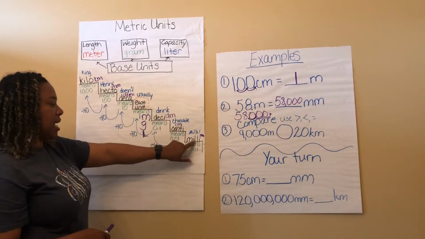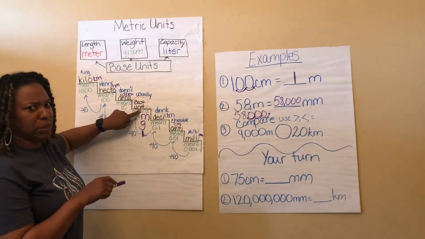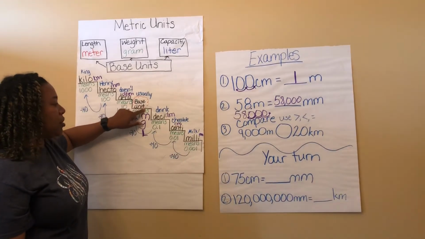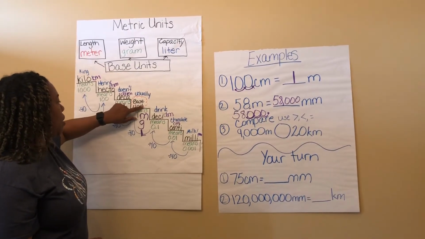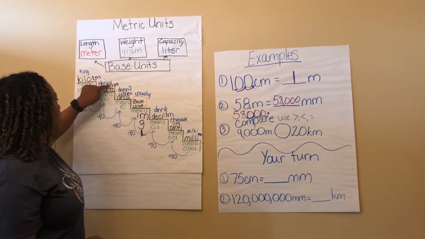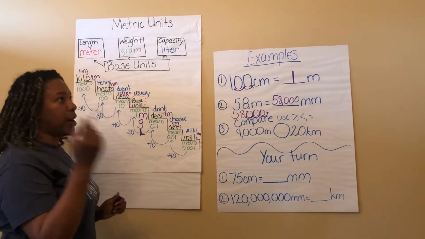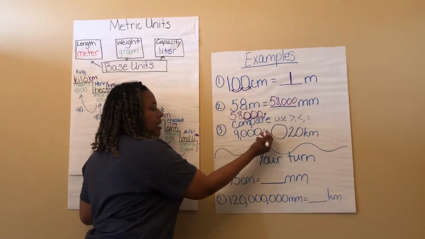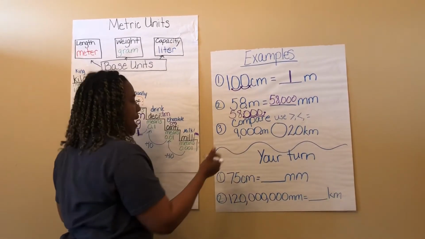First of all, I'm going to stand here on meters. Here on meters. That was millimeters. Here on meters, and I'm going to jump to kilometers. So I'm going to go from here, 1, 2, 3 jumps. So I'm going to take my decimal. Where's my decimal? It's at the end, and I'm going to move it 3 times to the left.